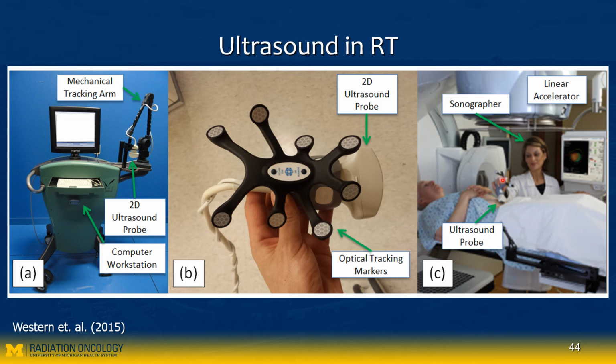So on any given day, if the patient's prostate is shifted left to right or superior-inferior, the computer can calculate the shift based on the real-time image of the given day. But it's not that popular.